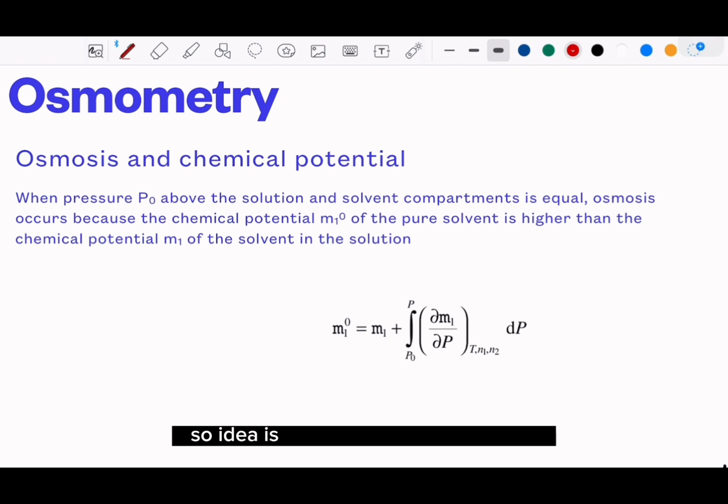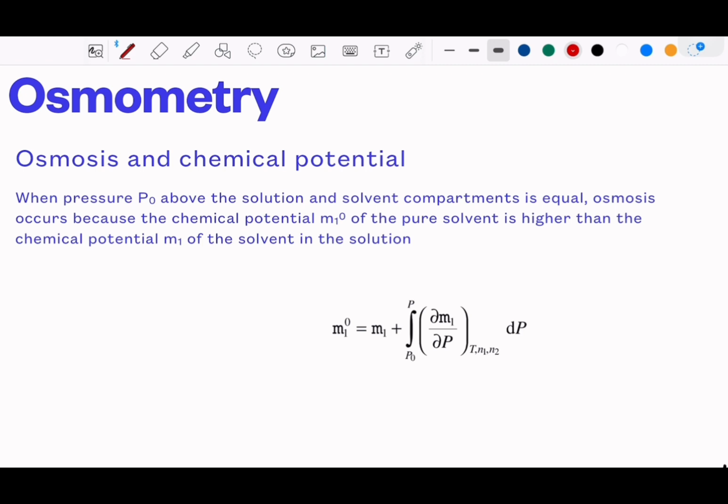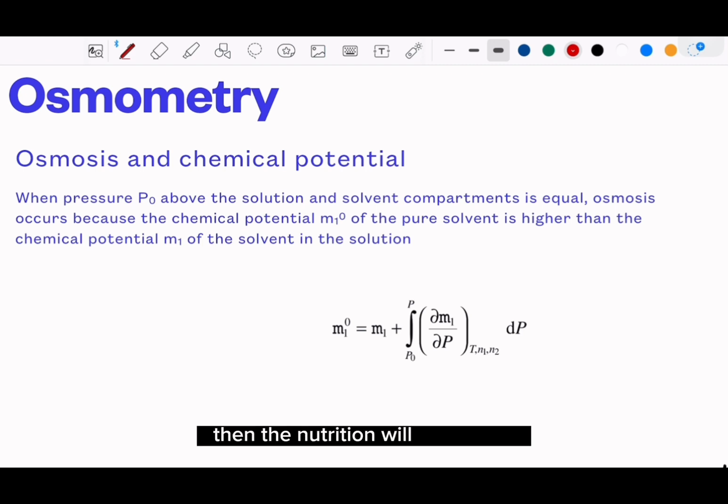The idea is that when the pressure is equal, then the diffusion will take place, and the osmosis will take place, because the pure solvent is higher than the regular solvent.